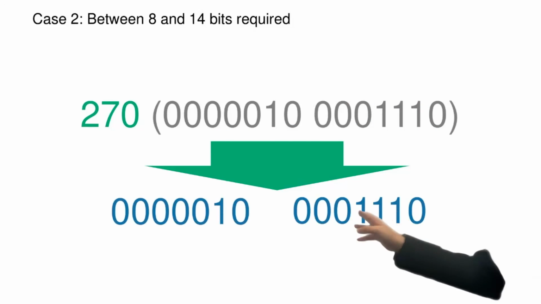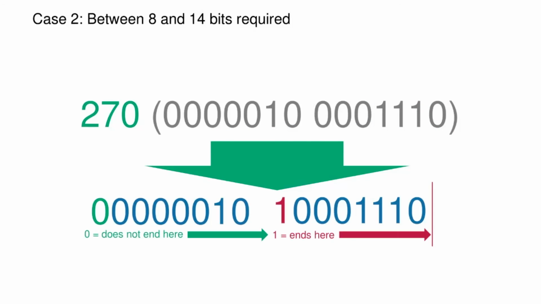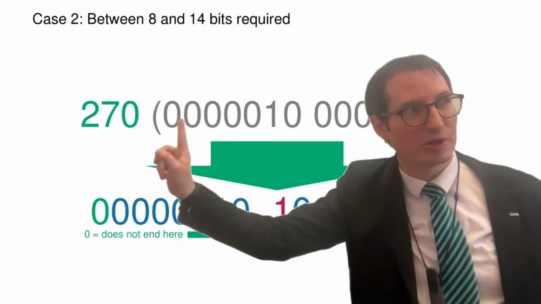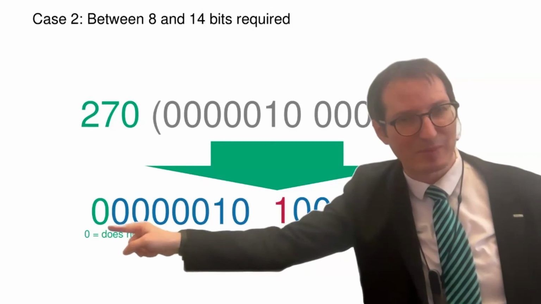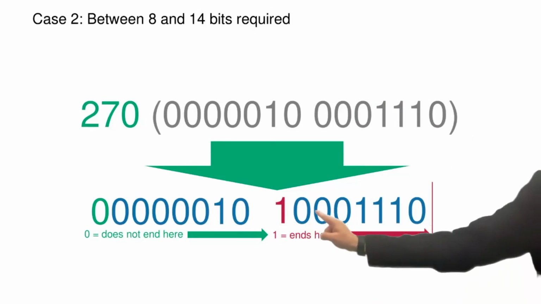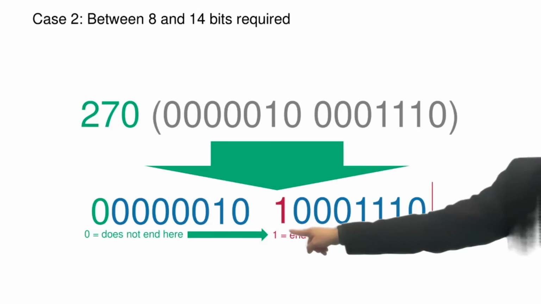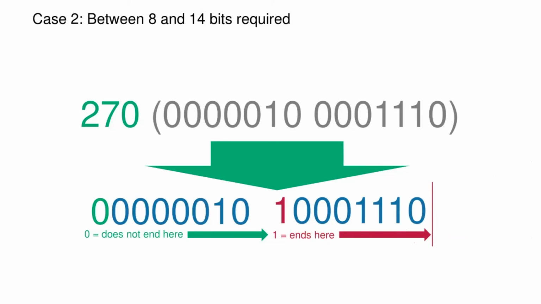And then you put it nicely in 2 packets, and you have the 0 that tells us it doesn't end right here. That's not the last packet. There's a few more packets after that. And the 1 that tells you, yes, now it ends here. Right, so we have this 1 bit that tells us yes or no, it ends here. Yes or no, do you have to continue reading more bits?